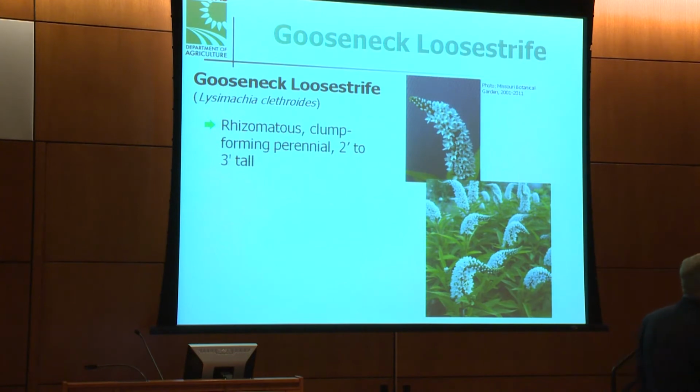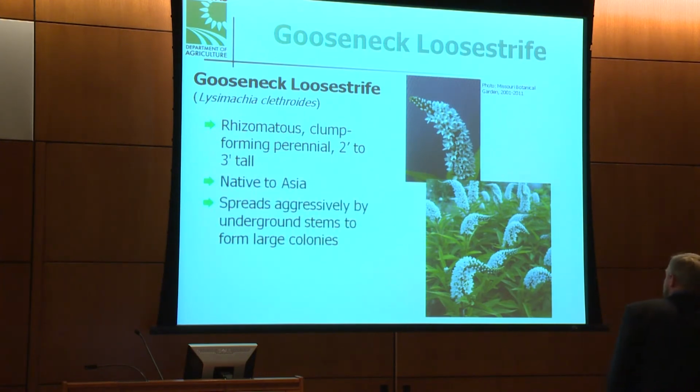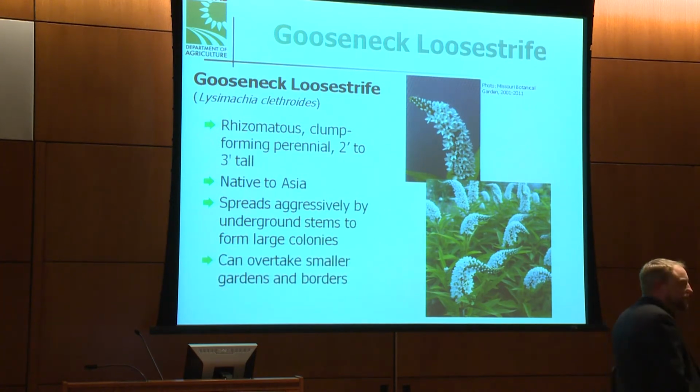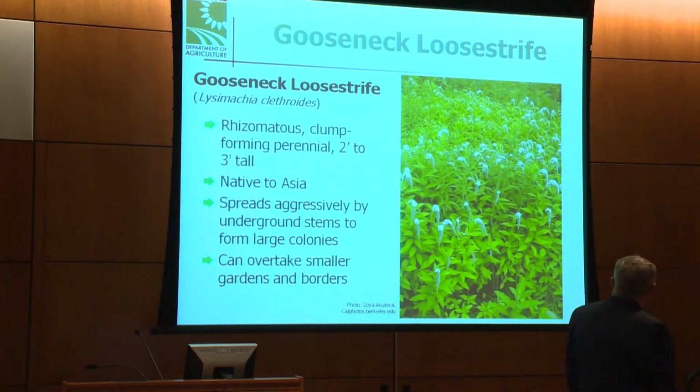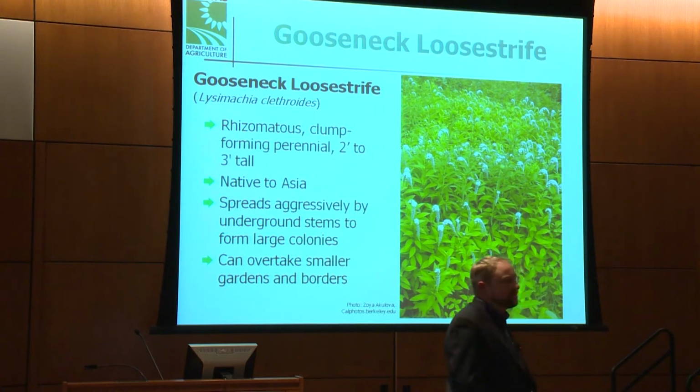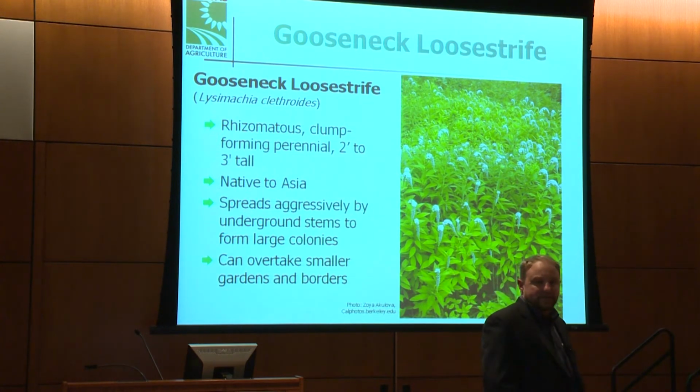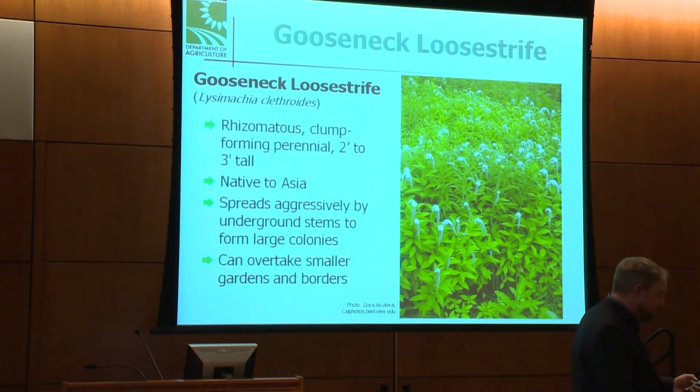Reproduces underground. We can't see where it's going. Native to Asia, spreads aggressively, and again can take over, forming monocultures, eliminating wildlife habitat along stream banks, and just eliminating native species.